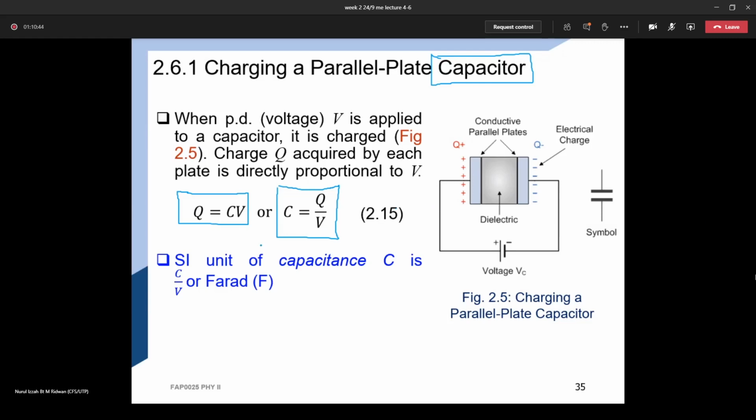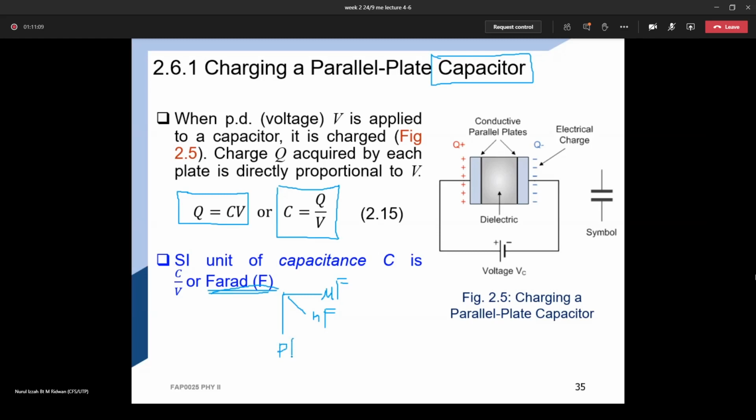The unit for capacitance is the farad. So please use this as the unit of C, and normally it comes in either microfarad or nanofarad. This is the normal unit you may find for a capacitor, and also picofarad.